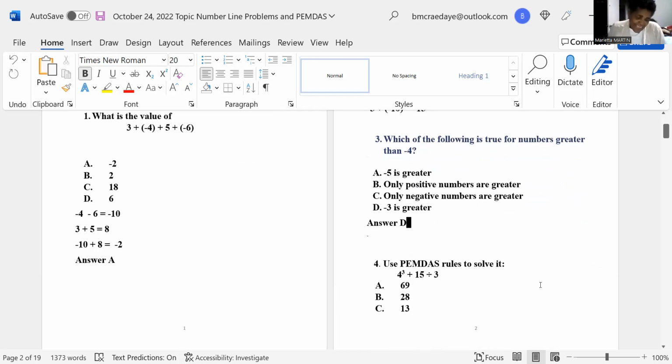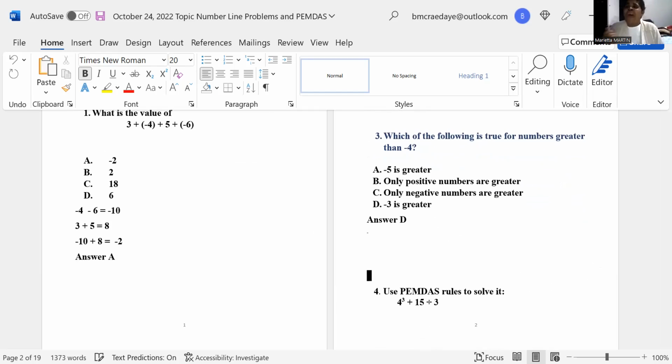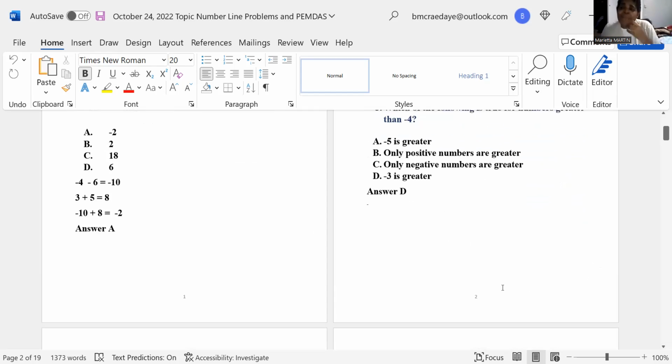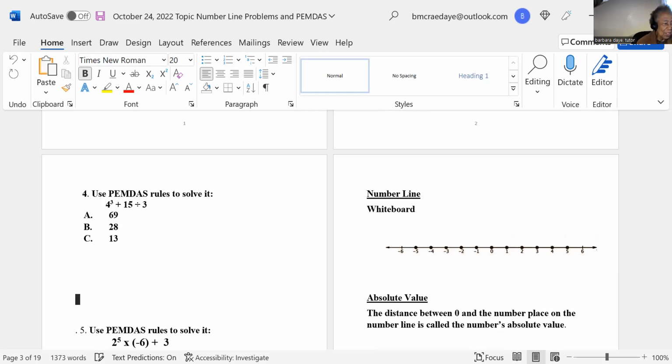Now, what about the PEMDAS rules? Did you do those? That one I was having difficulty with, but my daughter showed me how to do it. Okay, so tell me how you did it. What did you do first? When I did it the first time, I added first and I got 12. My daughter said, "No, mommy, you got it wrong." So I said, "Well, let me do multiply."